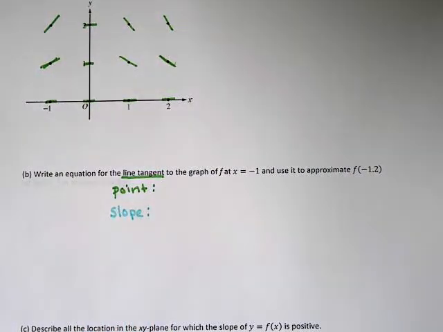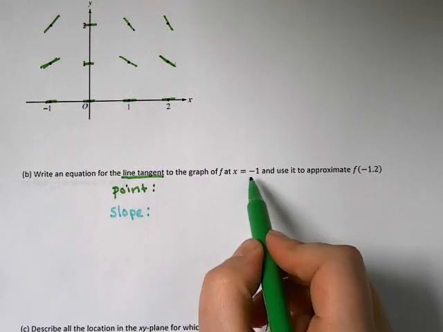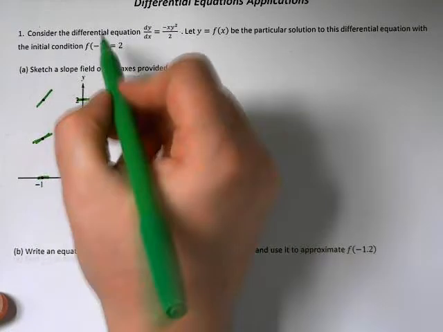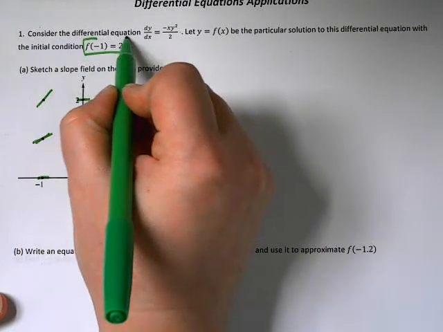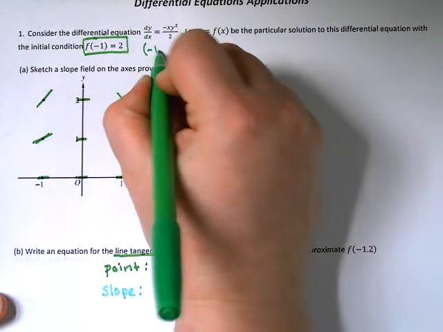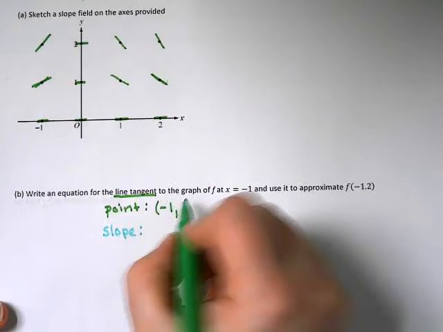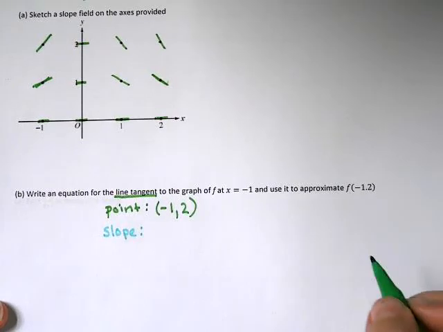The point, it's saying at x equals negative 1. So we need to go back up here, and recognize that they gave us this initial condition of (-1, 2). And so that's the point we're going to end up using down here to write our tangent line equation.